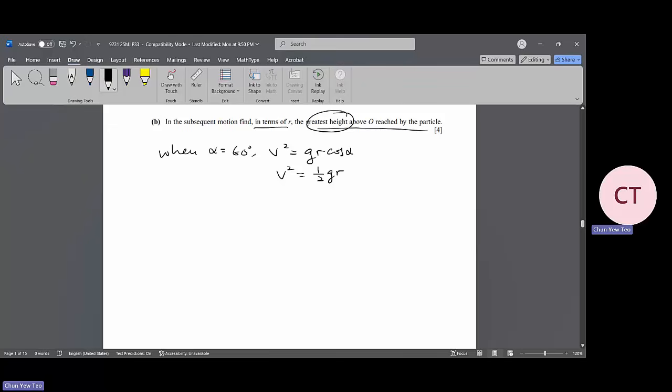So if we want to find the maximum height for the projectile motion, we consider the vertical motion. We will have 0 equal to V sine alpha squared minus 2GH. If we consider only the vertical motion, because your V square is half GR and your angle is 60 degrees, it will be V sine 60.